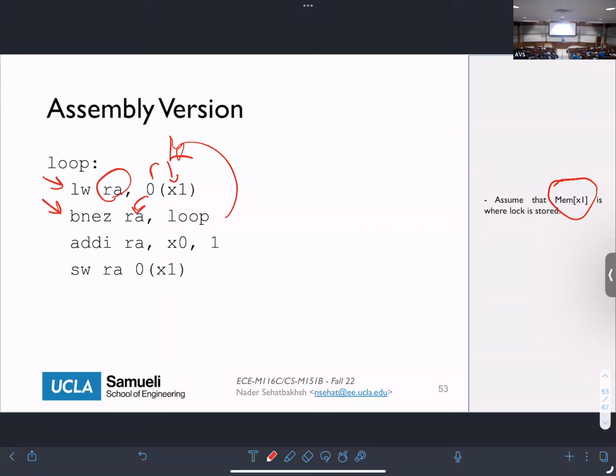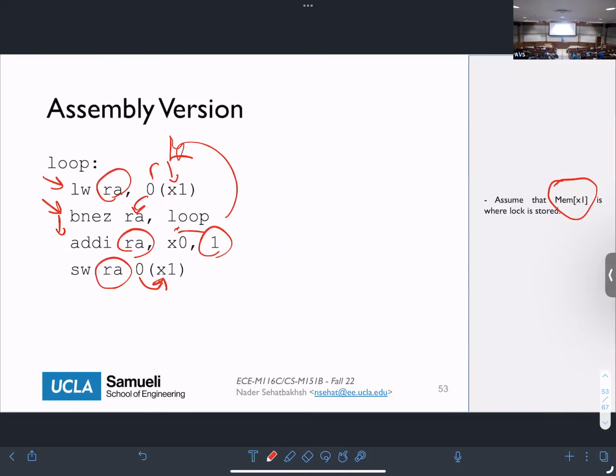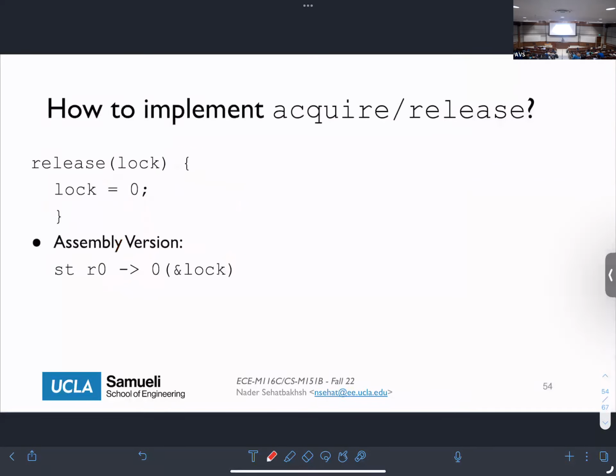Keep loading the lock, keep reading the lock until the point that it is equal to 0, and then continue. Then we write 1 to RA and we store 1 to the lock. So it is very similar to what we did here. We're doing a busy wait with this branch not equal to 0, and if it becomes 0, then we write 1 to it and move on. All right, so that's the idea of the assembly version.